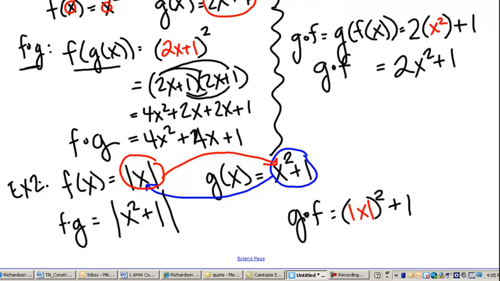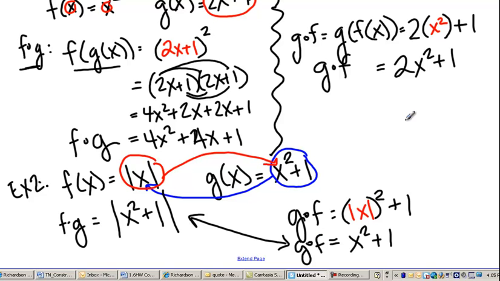Now, we can simplify this because when we square anything, it will always be positive. So in reality, our g of f is actually our g of x. That's not very common when that happens, but notice the difference between f of g of x and g of f of x.